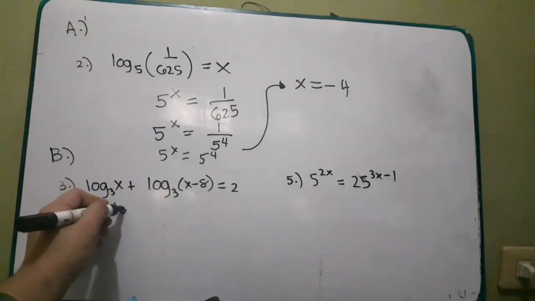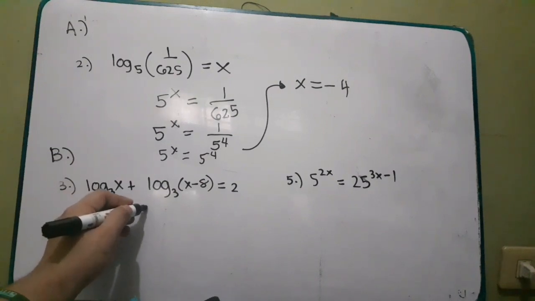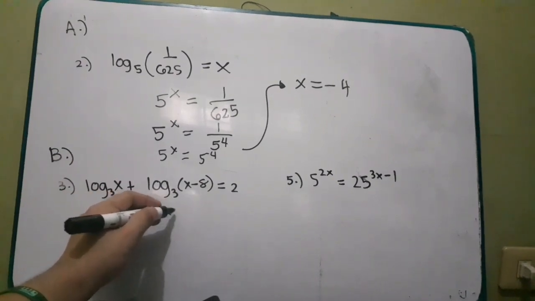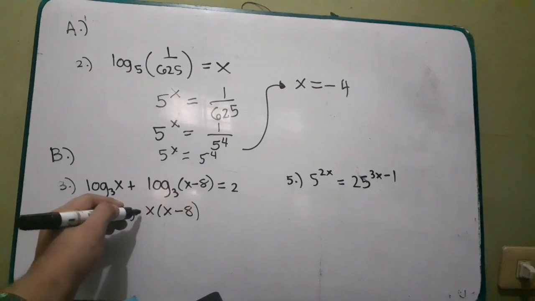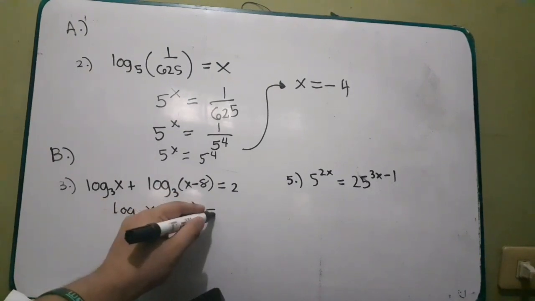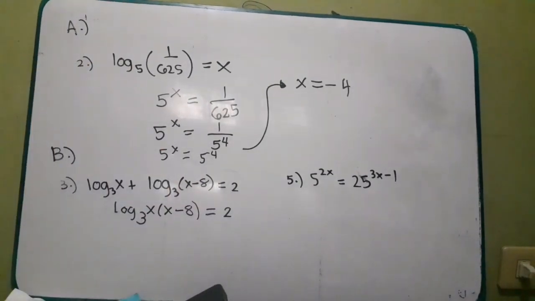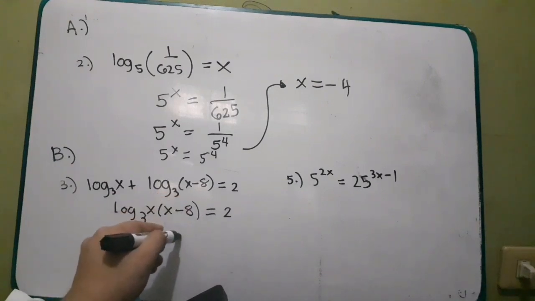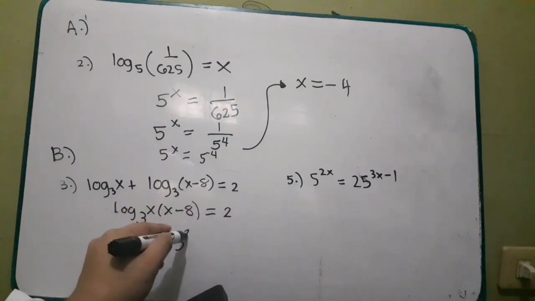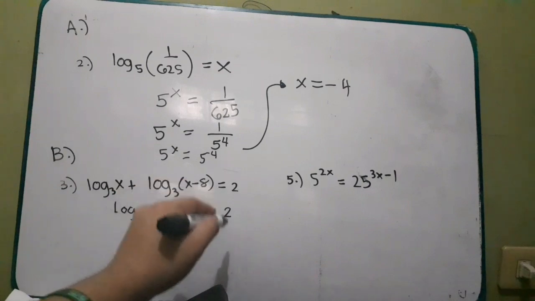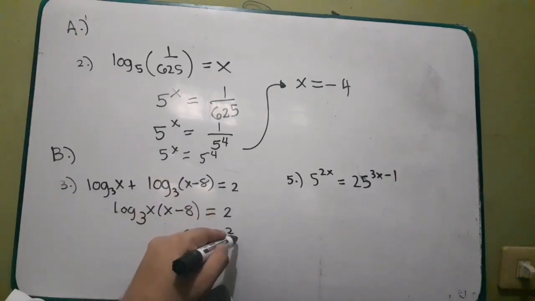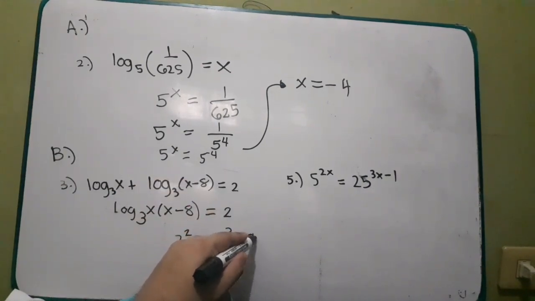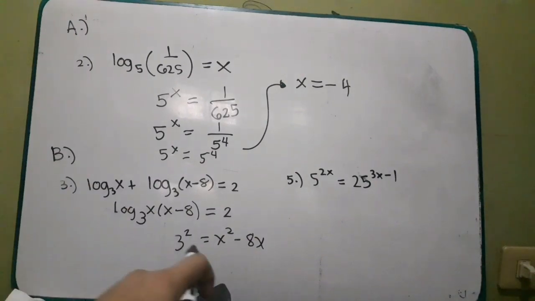So log of x times x minus 8 base 3 is equal to 2. Okay? So let's rewrite this into exponential form. So this 3 as the base, and this 2 becomes the exponent, and then x squared minus 8x.